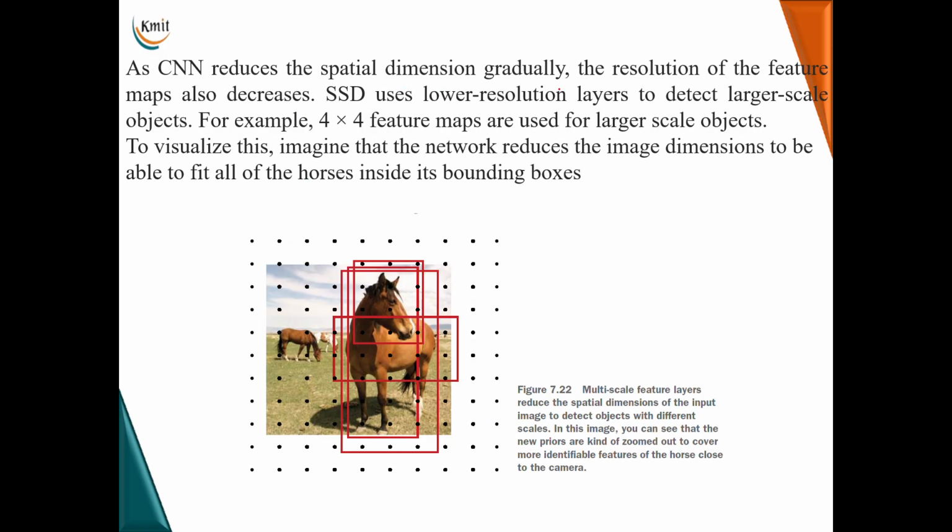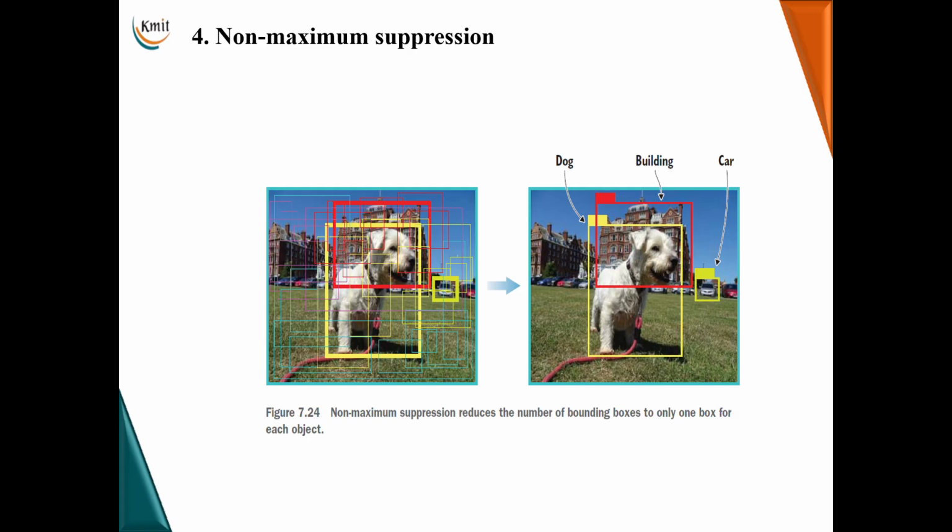A CNN will reduce the spatial dimension gradually. The resolution of the feature map also decreases. As I already told, 4 by 4 feature maps are used for larger scale objects, and larger feature maps will be used to detect smaller objects. This can be visualized using this example here. So, multi-scale feature maps will improve the network accuracy as well.